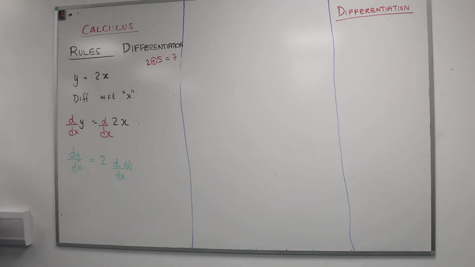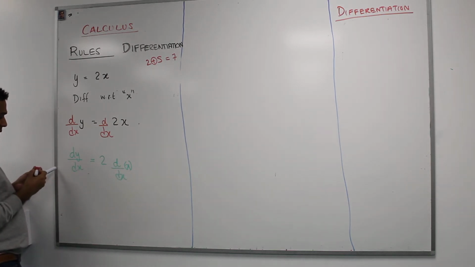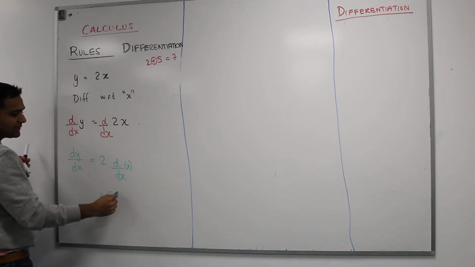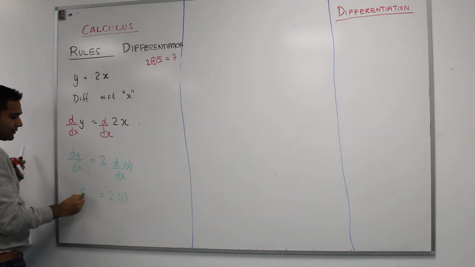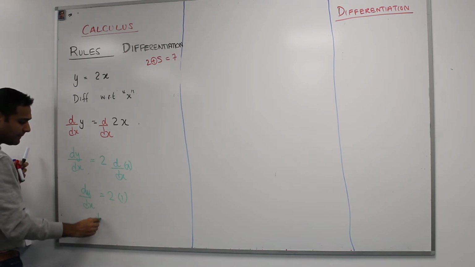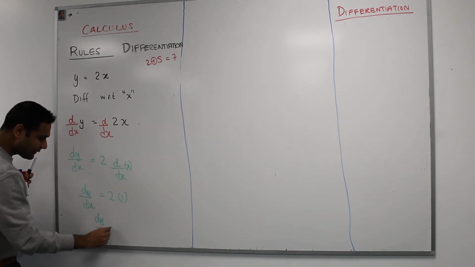You need to remember one thing: d over dx of x is just 1. So the 2 remains there and this becomes 1. So I got dy over dx as 2.